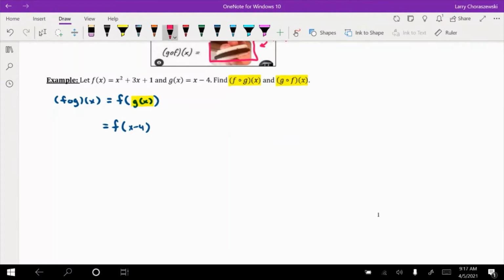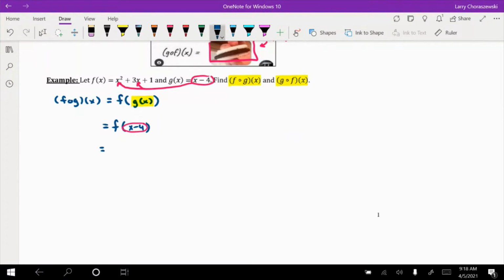So anywhere we see an x in the function f, we're going to have to replace it with x minus 4. So visually speaking, this expression x minus 4 is going to get plugged into this x, and it's also going to get plugged into that x.